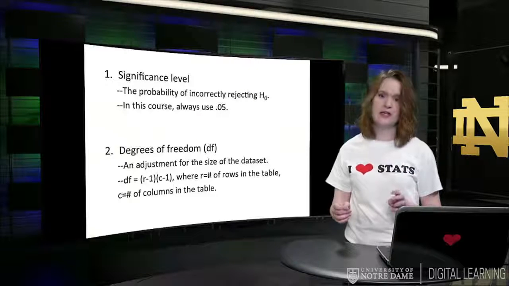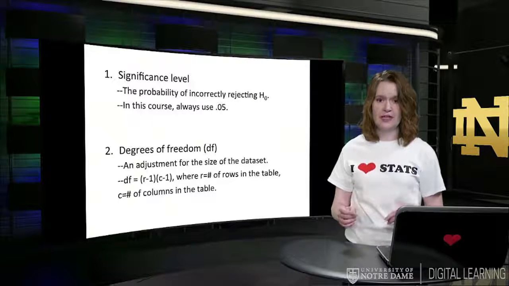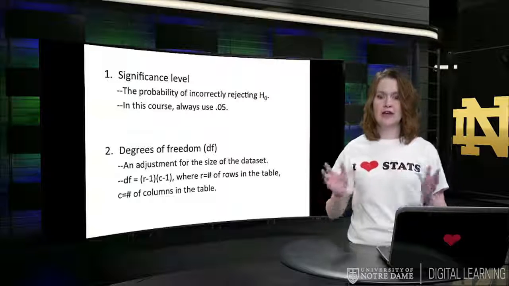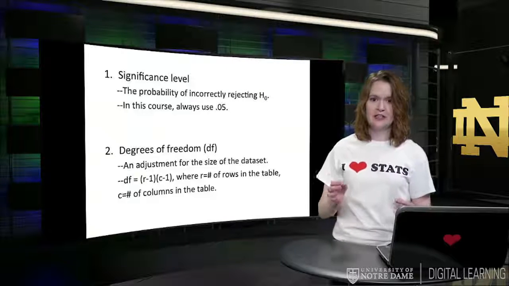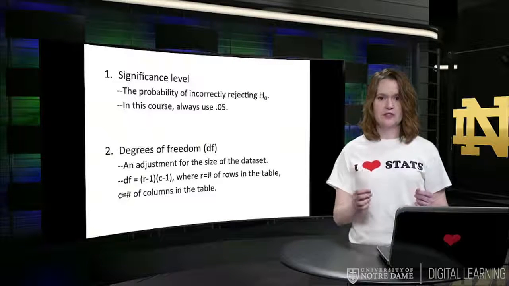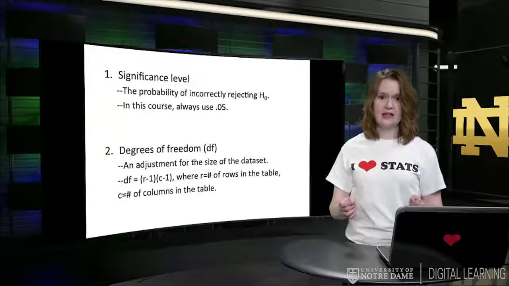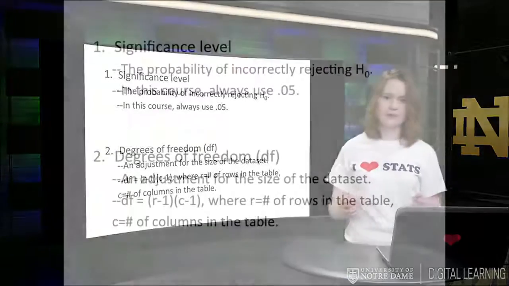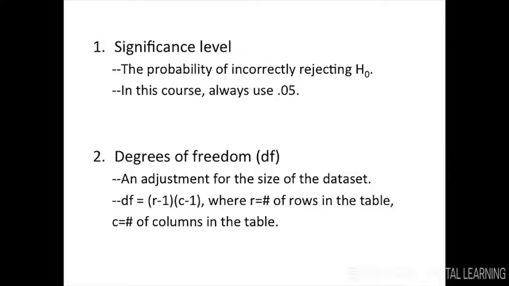The second thing we're going to need is the degrees of freedom. So for every chi-square table, there is a specific degrees of freedom, and it's a fairly easy thing to calculate. So the formula for degrees of freedom is simply the number of rows in our table minus 1 times the number of columns in our table minus 1. So we're not talking about the entire table that has the column headings and the row totals and all of that.